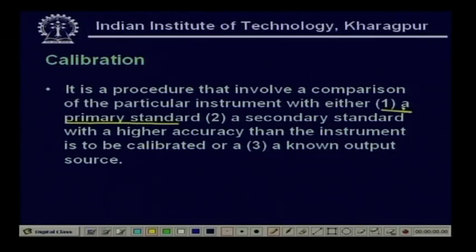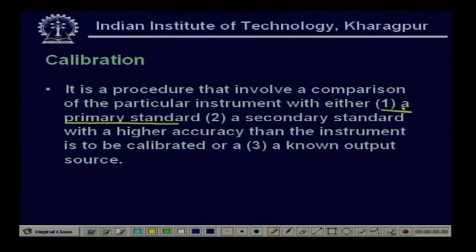It is hardly in industrial instrumentation that you find instruments of the absolute type. That means it does not need any calibration. You have to calibrate each and every instrument. So, for most instruments, I must calibrate either with some primary standard. Suppose I have given you an RTD.